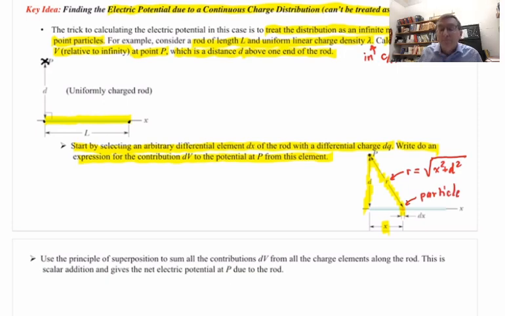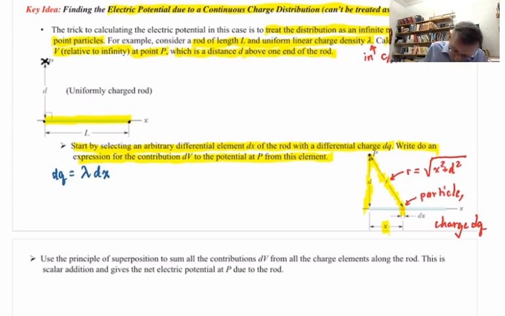That's a particle with charge dq. How much charge is that dq? It's the charge per unit length of the rod, lambda, which is the same everywhere along the rod, times the length of the little piece, which is just dx.